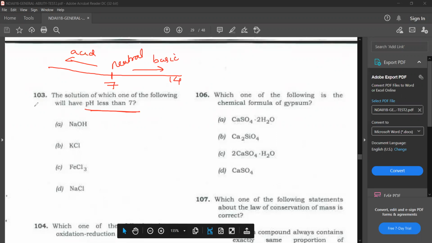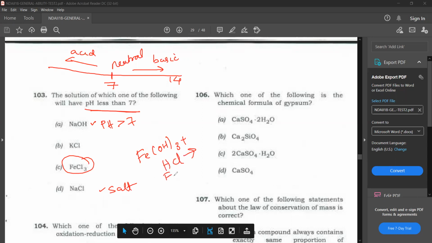So here, sodium hydroxide is a base, so its pH is greater than 7. Now, sodium chloride is a neutral salt. Now, KCl and FeCl3. FeCl3 is obtained by treating weak base Fe(OH)3 with strong acid HCl.